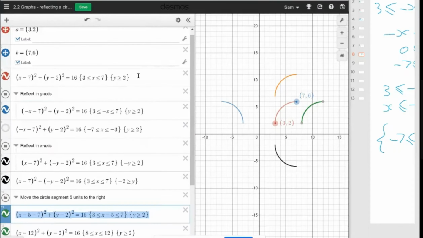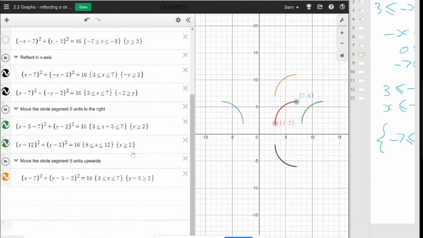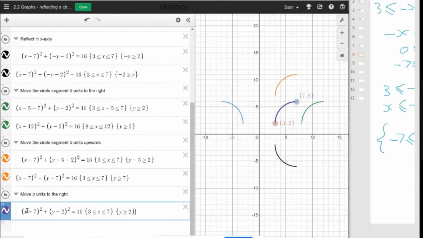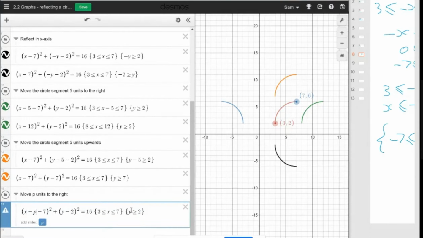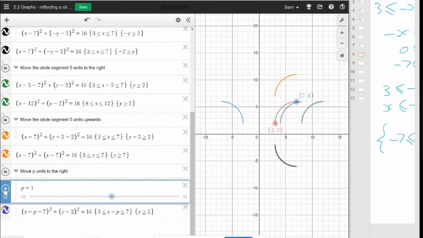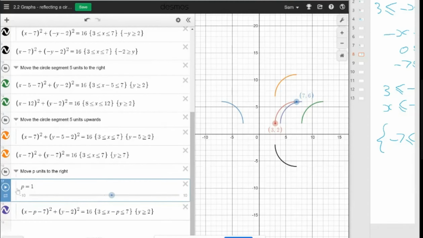Let's just start from scratch. Get the original function. P units to the right. So if I see x, I want to swap it with x minus p. Okay, we'll see if it works. Yes, it is working.